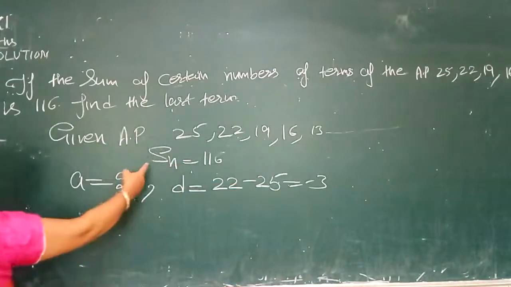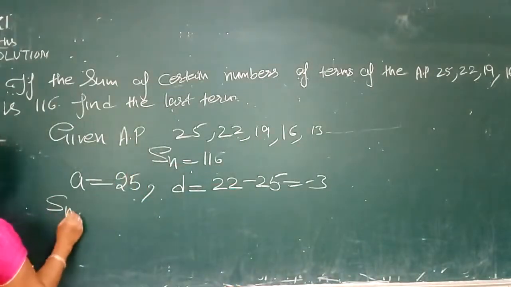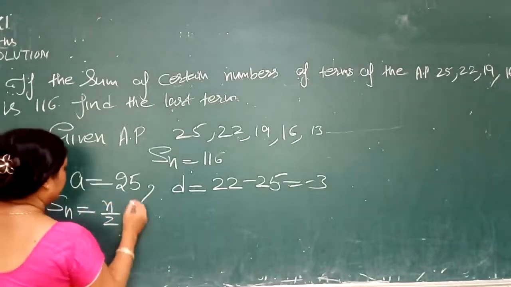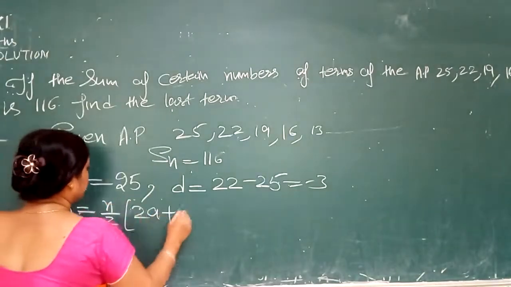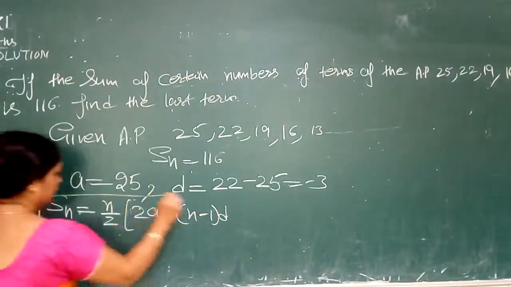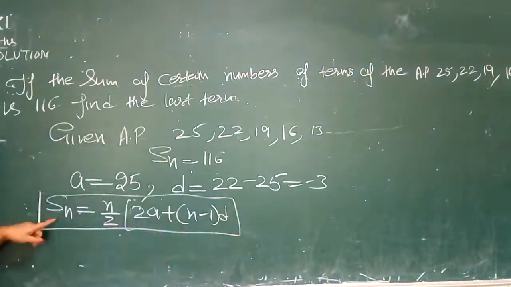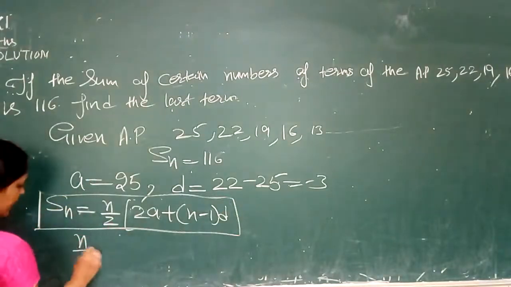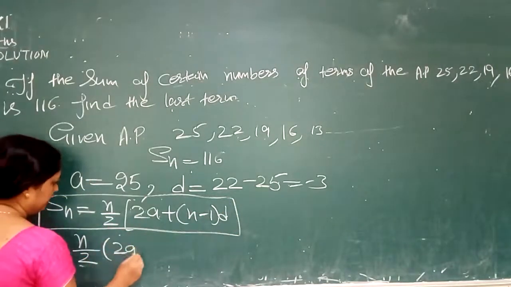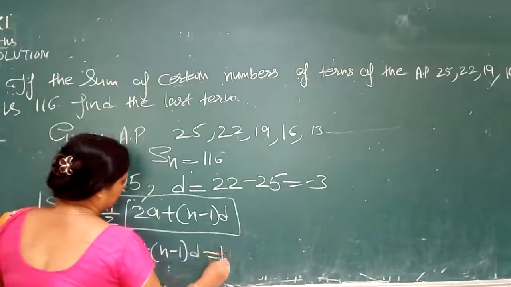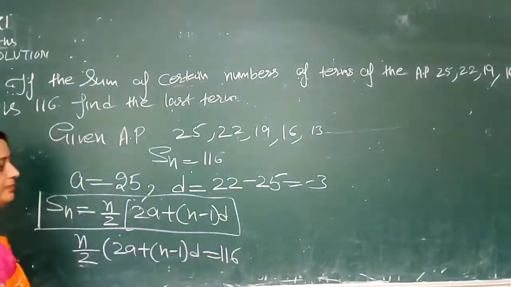Now we know that this is Sn. We know that the formula of Sn is n upon 2 into 2a plus n minus 1 into d. The value of this term is given, that is 116. So n upon 2 into 2a plus n minus 1 into d is equal to 116.